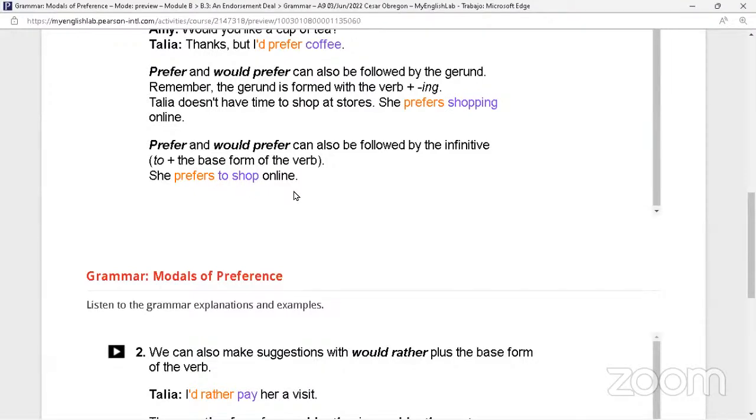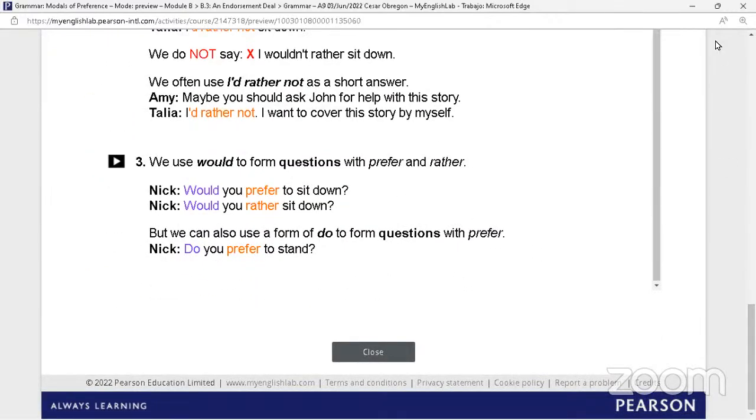Rather never goes with anything but the base form of the verb. Well, she prefers shop? No, you need to use the correct form of the verb: gerund or infinitive. Okay, yeah, now let's do some examples.